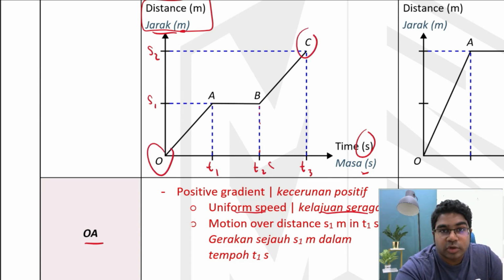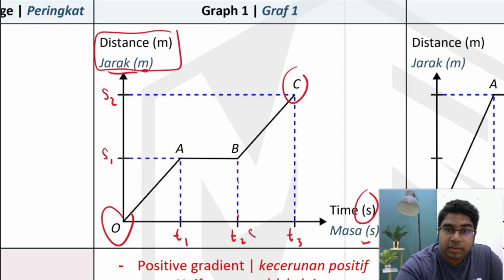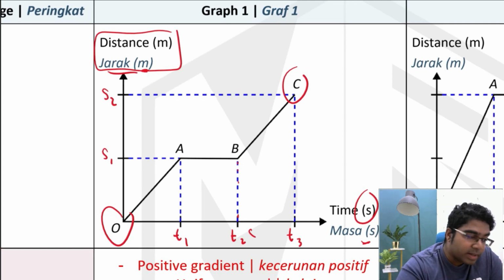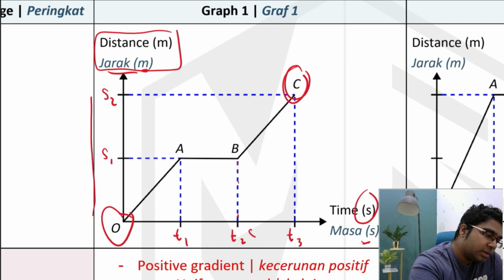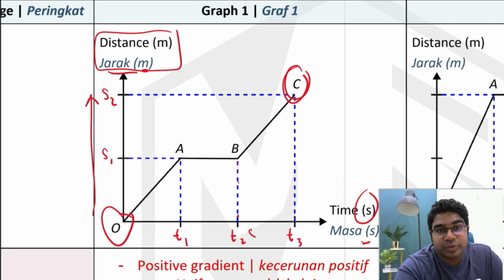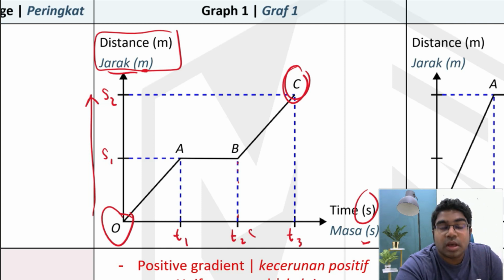We can say the total distance and the total time. Apakah jarak keseluruhan yang sudah dilalui oleh objek ini dalam pergerakannya? Ikut graf, dia pergi dari O ke C saja. Maksudnya, dia sudah cover sebanyak S2 meter. Dia sudah bergerak sebanyak S2 meter. It has moved a distance of S2 meter from O to C. How much time did it take?